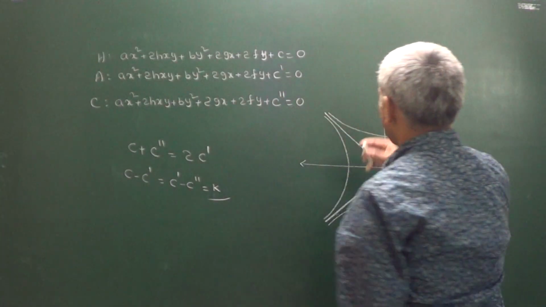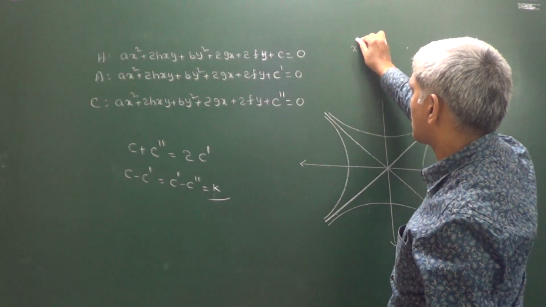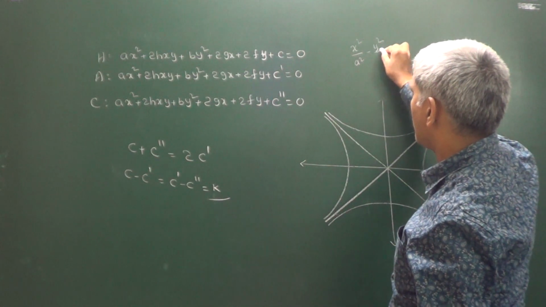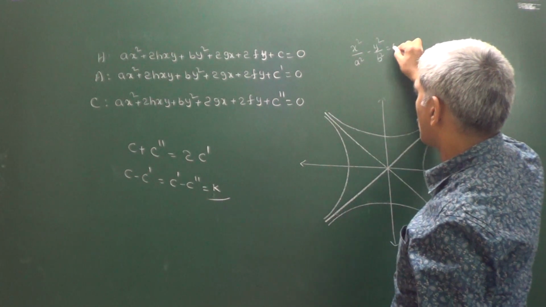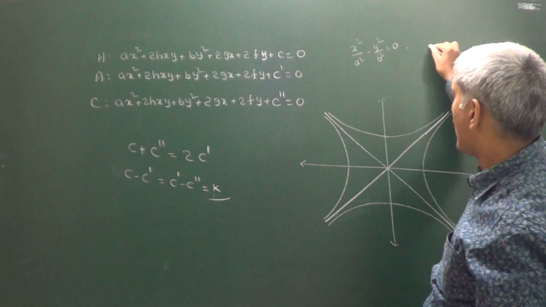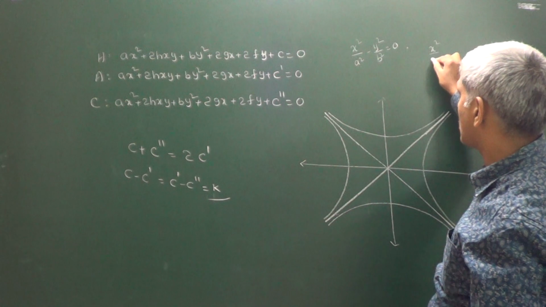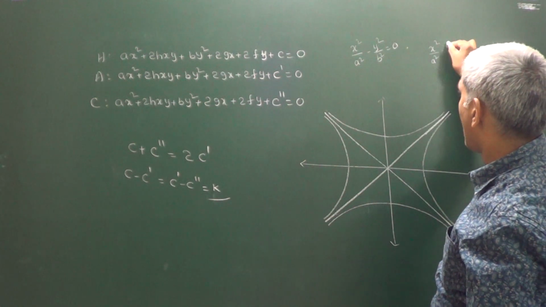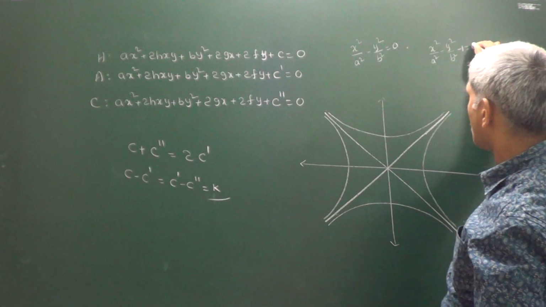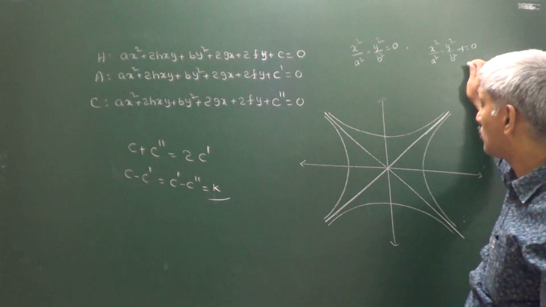Suppose we have the equation, you can observe, x square by a square minus y square by b square is equal to 0 is the combined equation of the pair of asymptotes we got, and x square by a square minus y square by b square minus 1 is equal to 0 is the equation of the hyperbola.